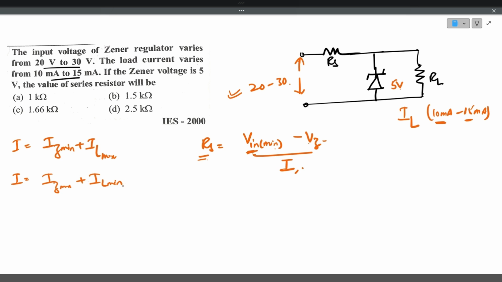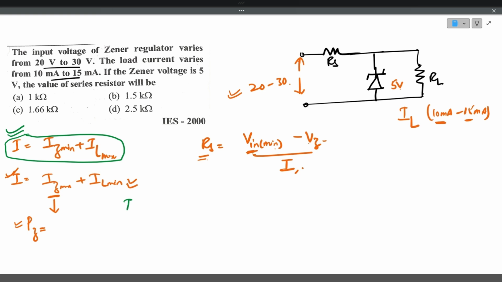To use this formula, we should know Iz maximum. How is Iz maximum calculated? With the power dissipation Pz. If the power dissipation of the Zener diode is given in the question, use this formula. If it is not given in the question, don't use this formula. In our question, the power dissipation of the Zener diode is not given, so we have to use this formula: I equals Iz minimum plus IL maximum.